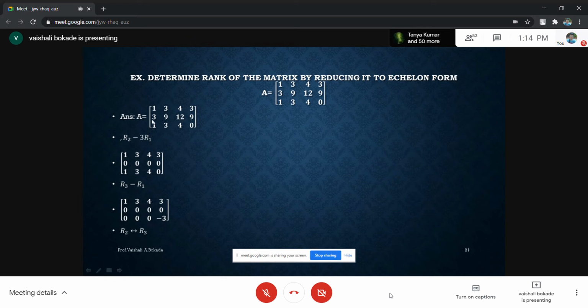You can observe for R2, I am having entries 3, 9, 12 and 9. It is thrice of R1. So if I use the row transformation R2 minus thrice R1 directly, all elements in R2 can be converted to 0.